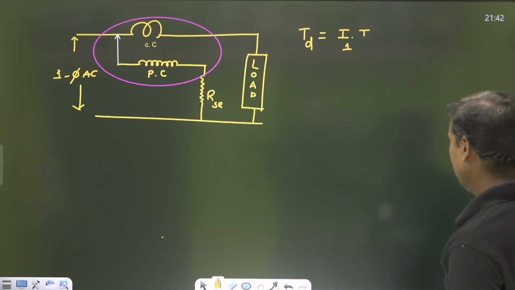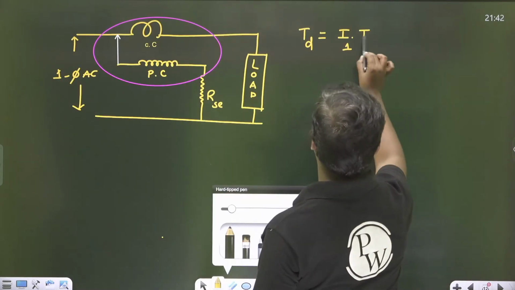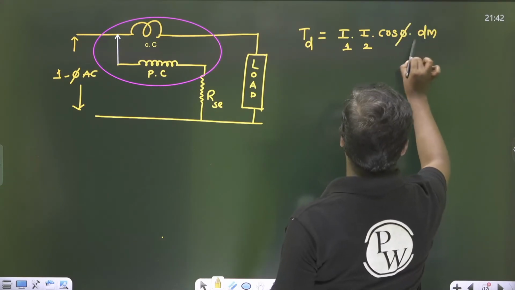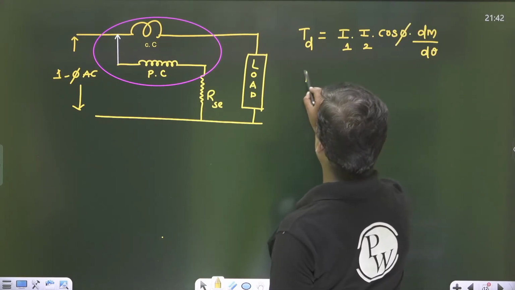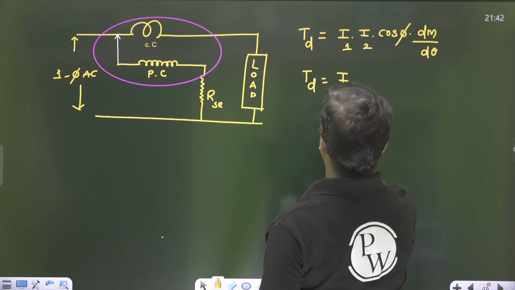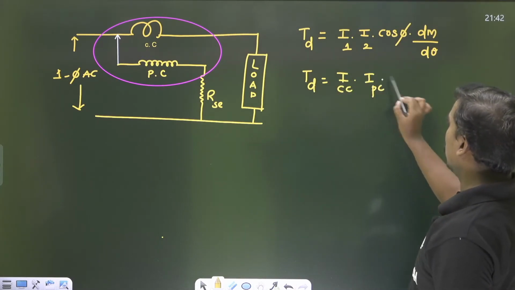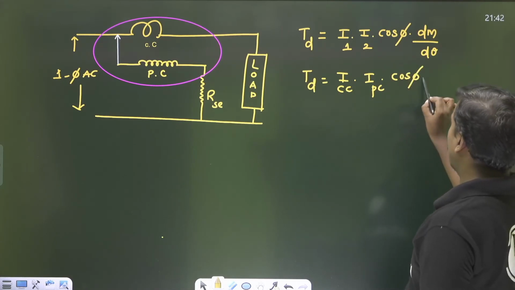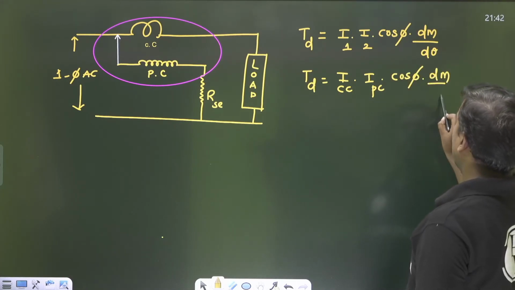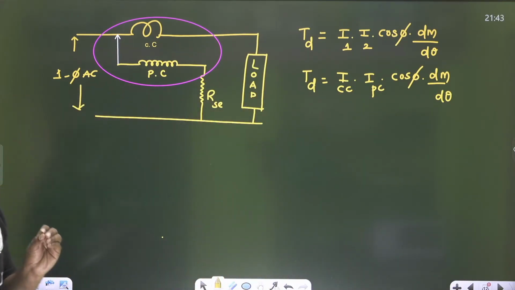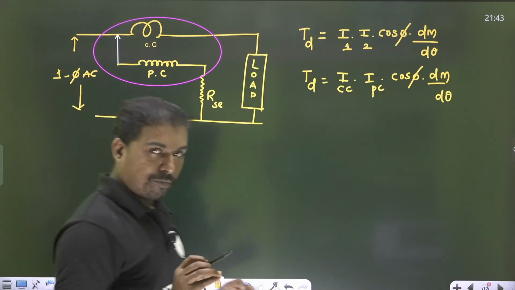So now comfortably you can write: I1 is the current passing through the current coil, I2 means the current passing through the potential coil, cos phi, dM by d theta. And all of you following, why it is suitable for the average power.